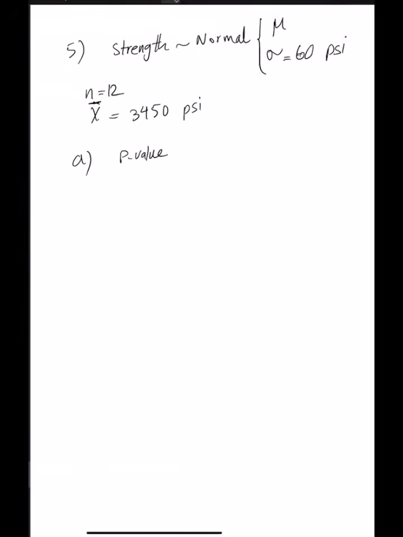So part A asks you to calculate the p-value. So here it says that if the mean strength is 3500, we want the null hypothesis to be mu equals 3500, and our alternative hypothesis for mu not to be equal to 3500.